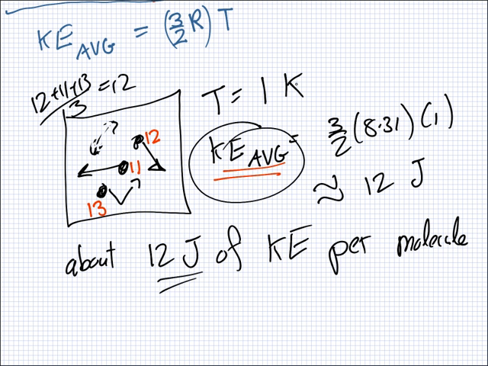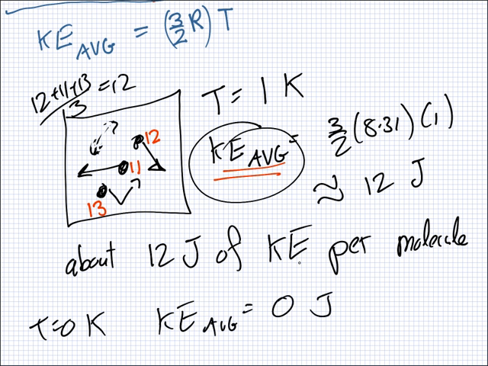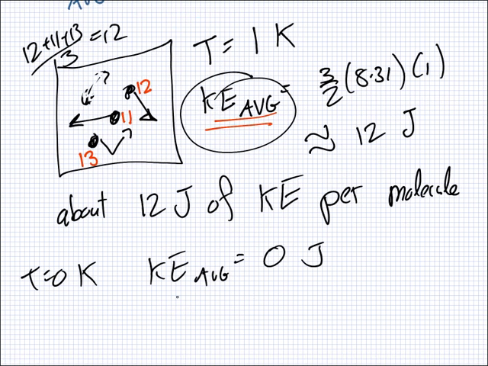But if this was equal to 0 Kelvin, what would be the kinetic energy average? It would be 0 joules, because this is 0. Kinetic energy is a half mv squared. That would equal 0. So therefore, v would equal 0. So the only way to have 0 is if they're all not moving.